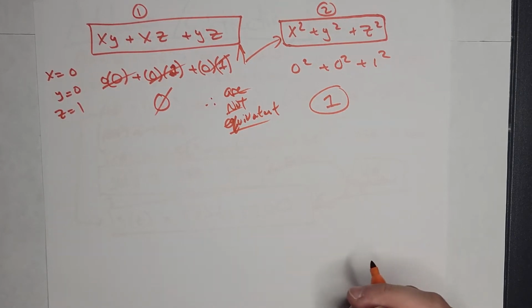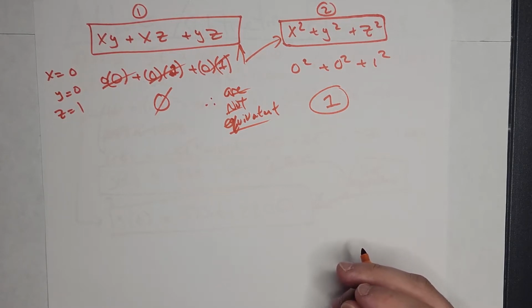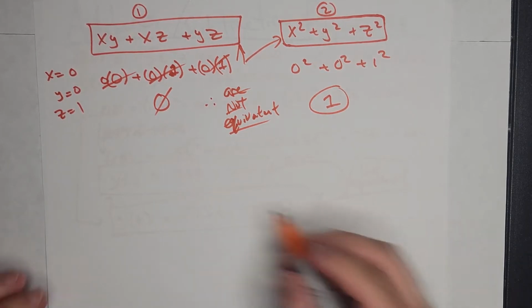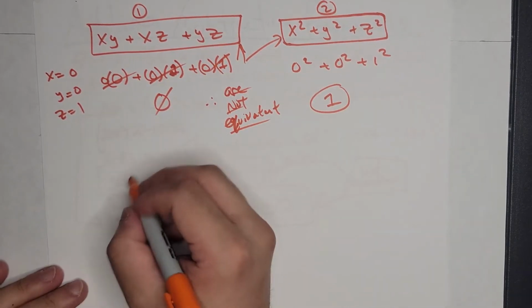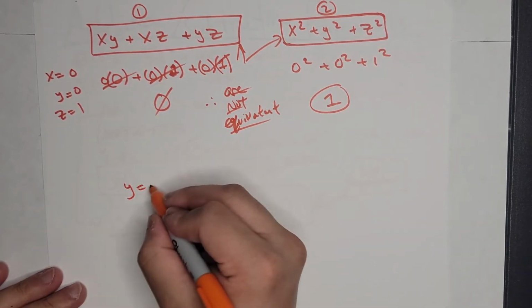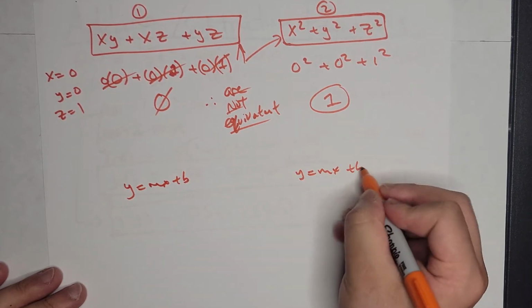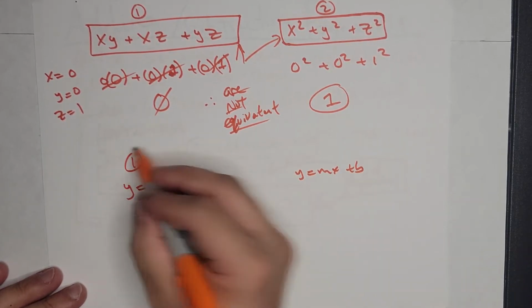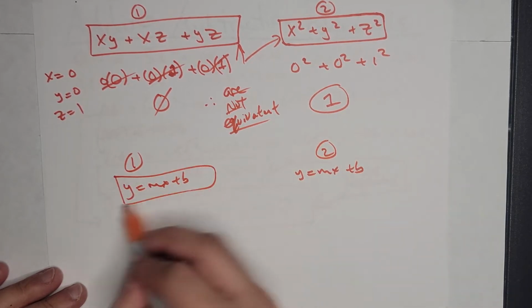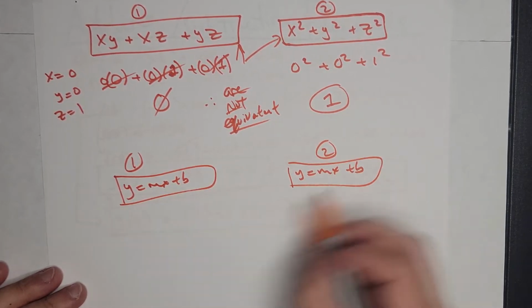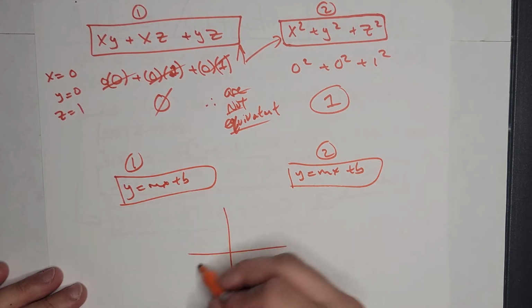So, one thing you can always check if you have two different functions, say their lines y equals mx plus b, in two different forms, you have one here and two here. For these two, let's say that line is like that.